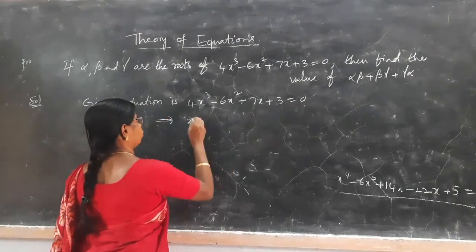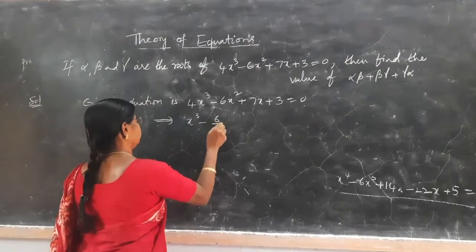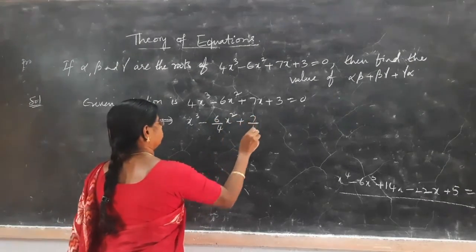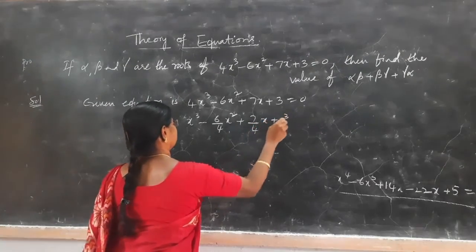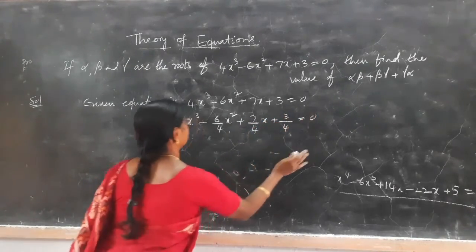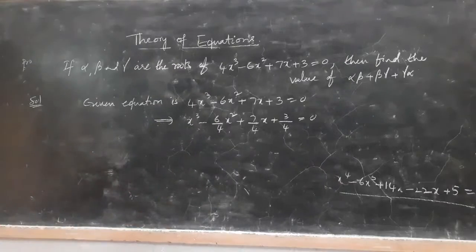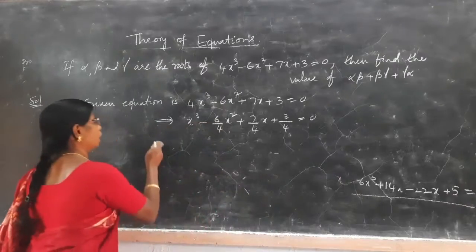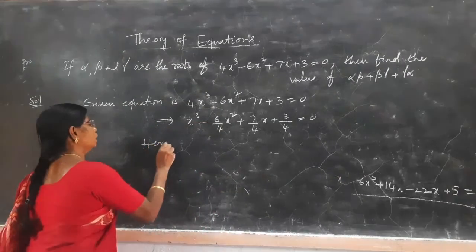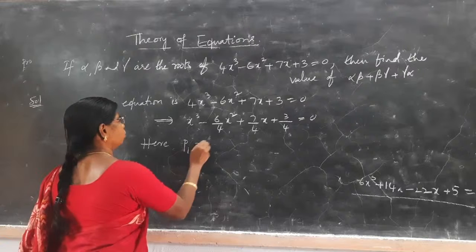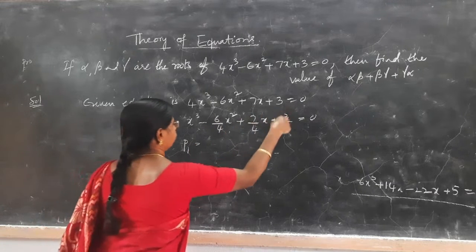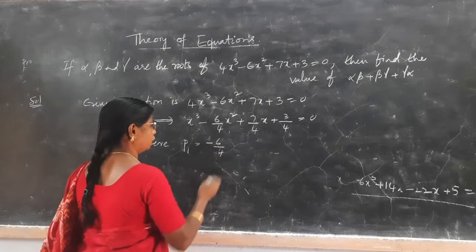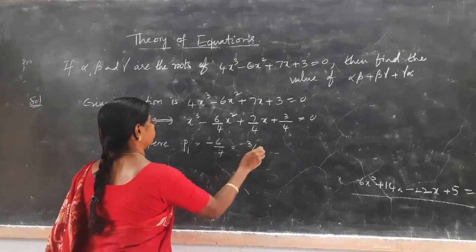Both sides divide by 4. Given equation is this. So in order to avoid your confusion, here I write P1, P2, P3. P1 is minus 6 by 4, that is minus 3 by 2.